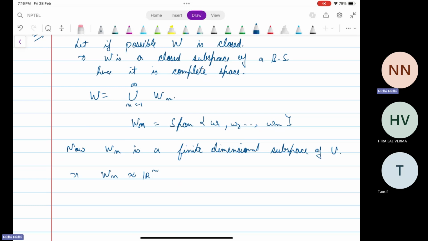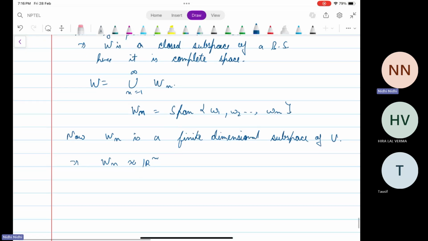We can say that this is equivalent to Rn. So Wn is closed and closure of W minus Wn is not equal to W.